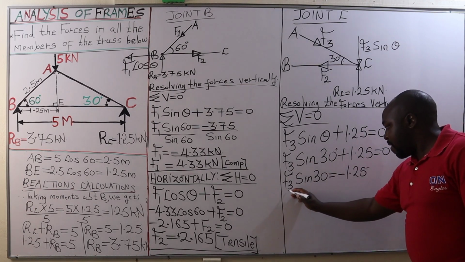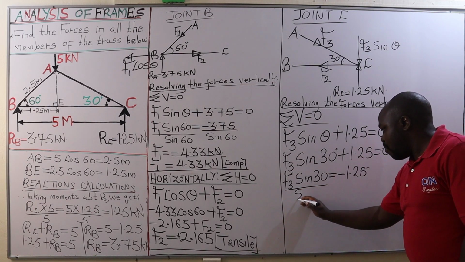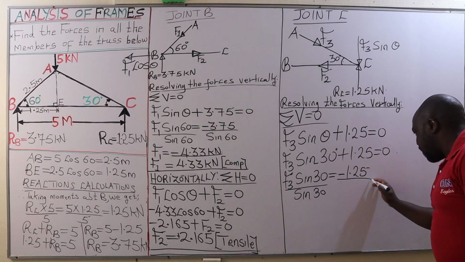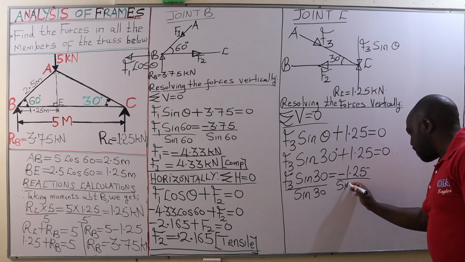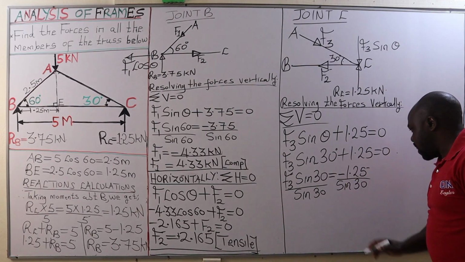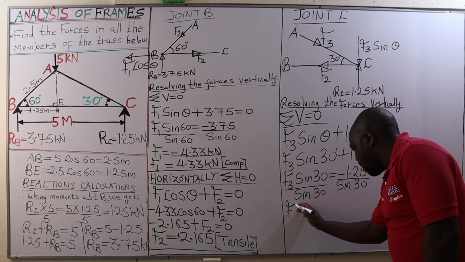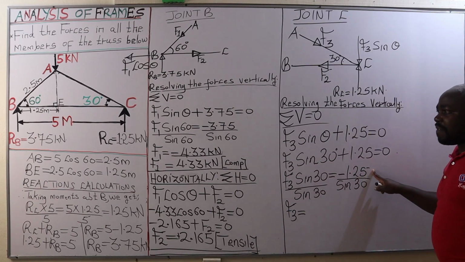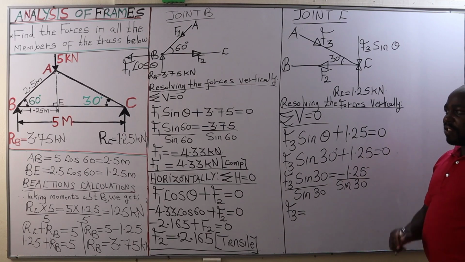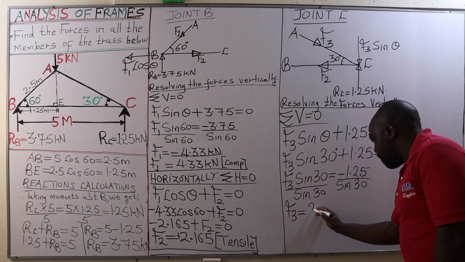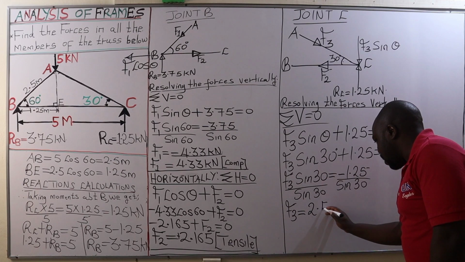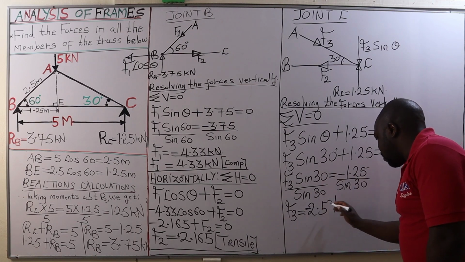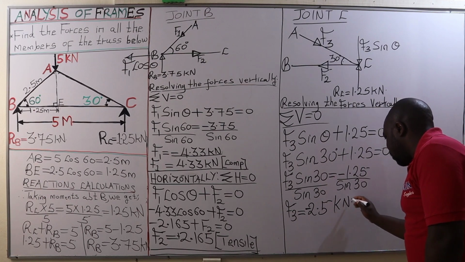For us to get the value of F3, we are going to divide through by sine 30. Divide the other side as well by sine 30. And therefore, F3 is going to be negative 1.25 divided by sine 30. That is going to be 2.5 kilonewtons. And therefore, F3 is equal to negative 2.5 kilonewtons.